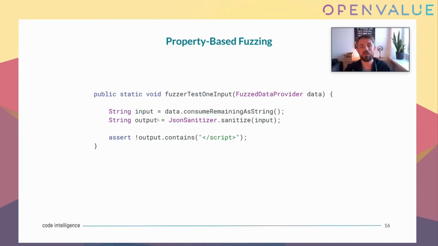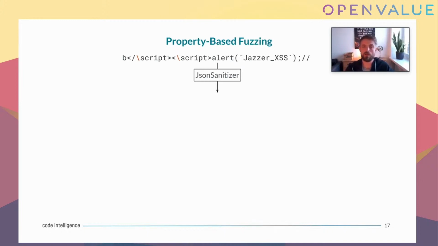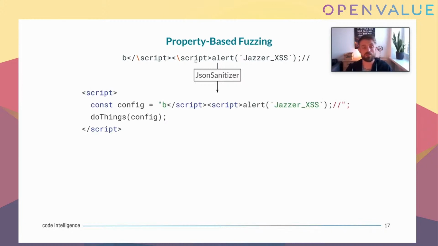What we basically do is take a random input, put it into JSON Sanitizer, and write an assertion telling that the output should never have this specific string, because otherwise you would be able to do an injection. And at some point the fuzzer produced a script with this B script, whatever alert. This is then given to the JSON Sanitizer.